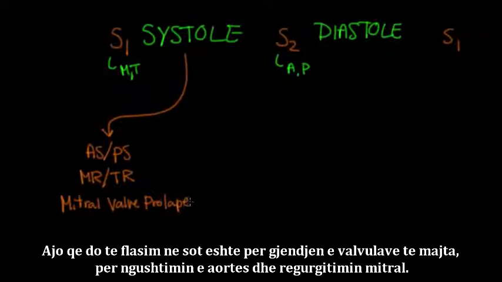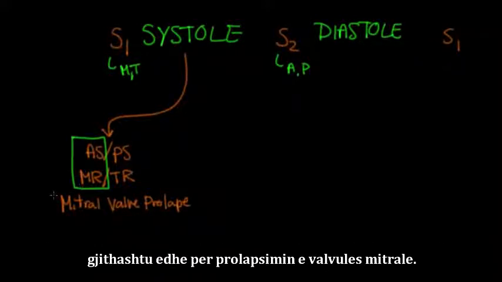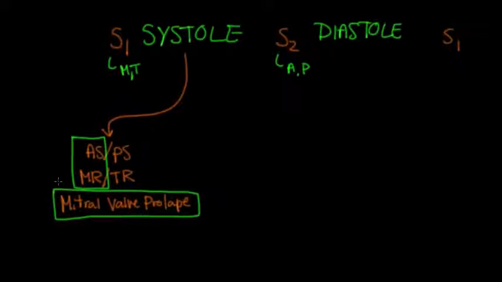The ones we're going to talk about today are the left-sided valvular conditions: aortic stenosis, mitral regurgitation, as well as mitral valve prolapse. I just realized that I misspelled prolapse, so we're going to fix that.